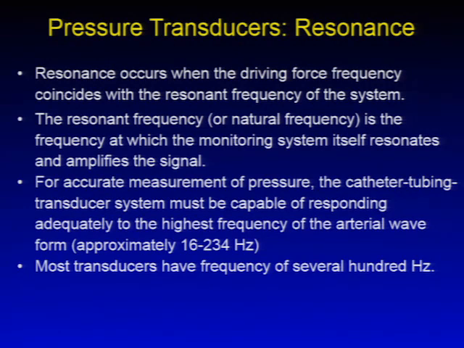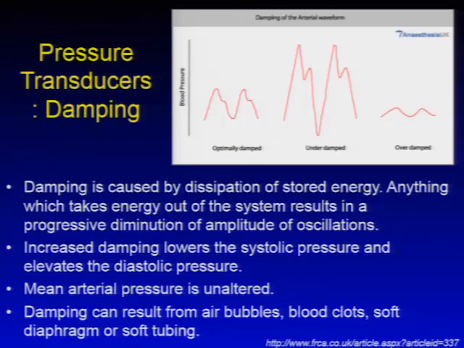To perform accurate pressure measurement, the catheter-tubing-transducer system, when you use an arterial line, must be capable of responding adequately to the highest frequency of the arterial waveform, which has frequencies between 16 and 24 Hz. So most transducers have a frequency of several hundred Hz.